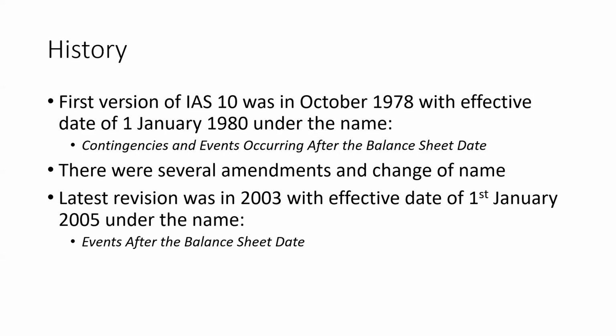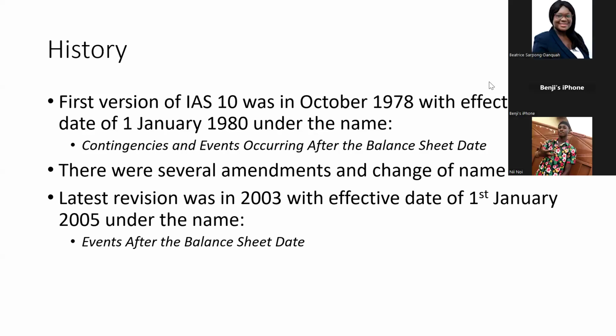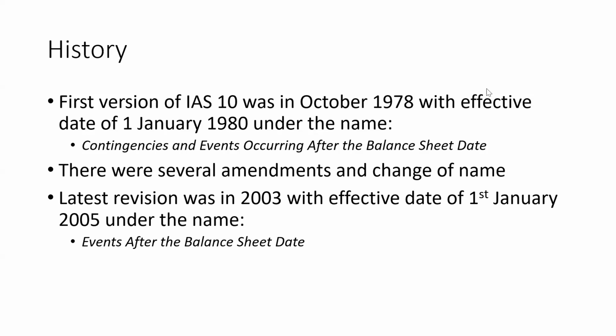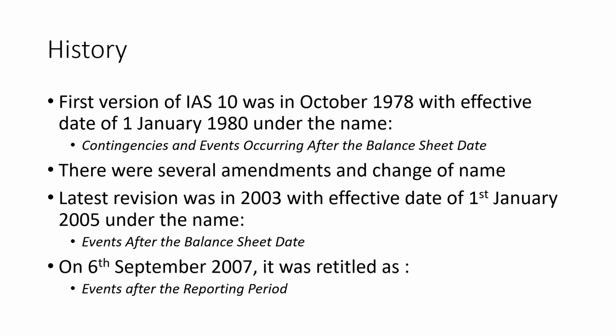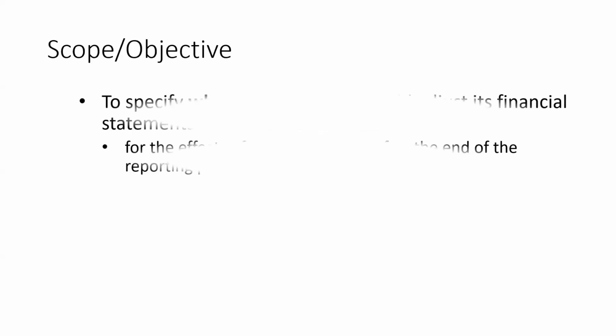The latest revision was in 2003, with effective date of 1st January 2005, under the name Events After the Balance Sheet Date. And on 6 September 2007, it was retitled Events After the Reporting Period.